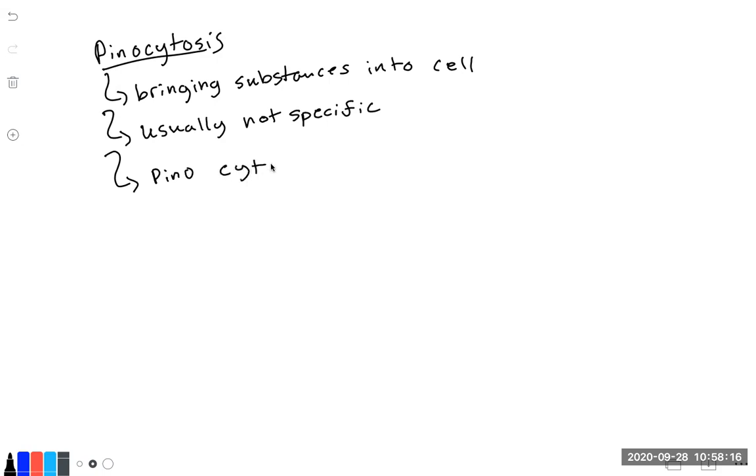I like to break down the prefix and suffix. So pino. Pino is a Greek word and it means to drink. And cytosis, as you probably know, just refers to the cell. So it's the cell and it's drinking extracellular fluid and bringing that substance in.